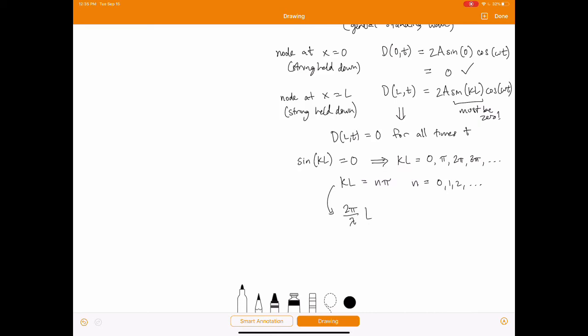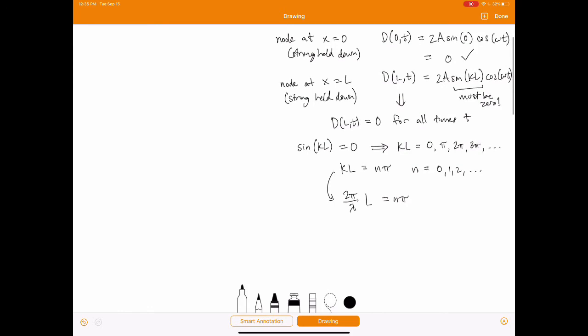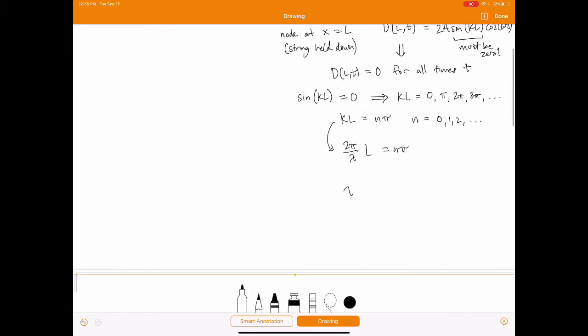So we have 2 pi divided by lambda times L is equal to n times pi. And if you rearrange this to solve for lambda, canceling out the factors of pi, you get lambda is equal to 2L divided by n. Again, n is some integer. And we said up here that n could be 0, 1, 2, etc.